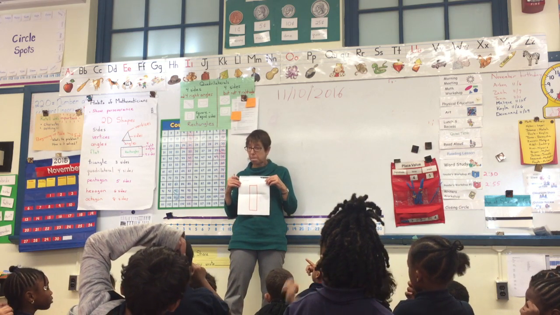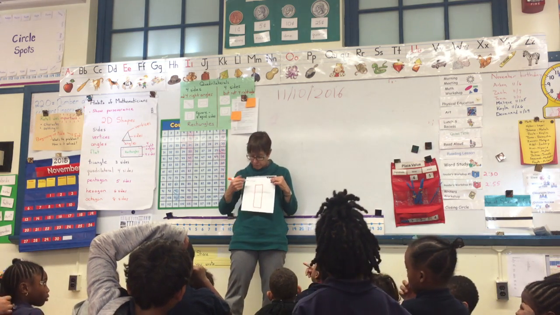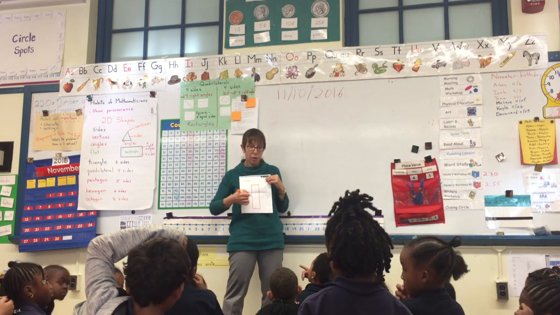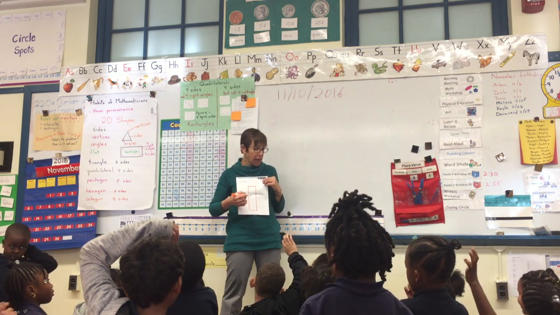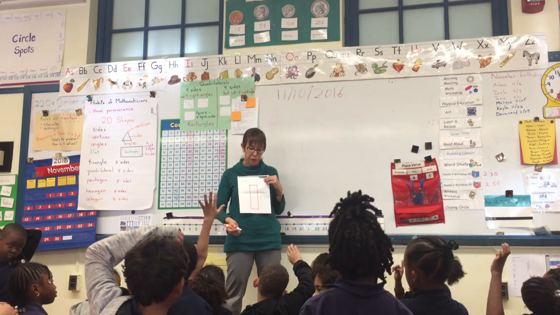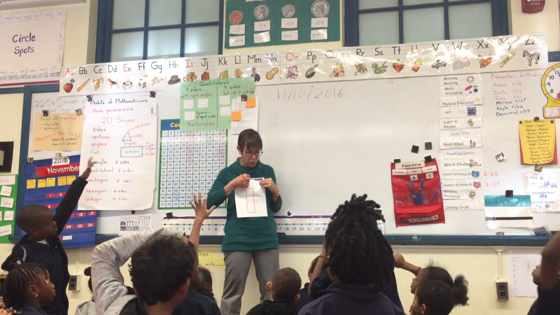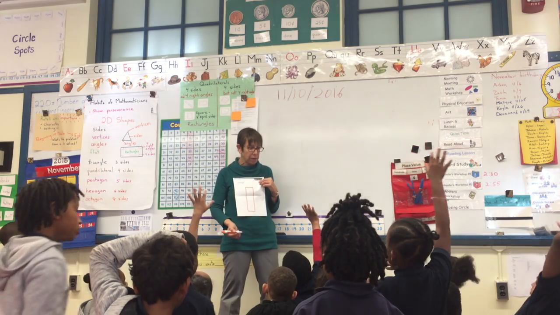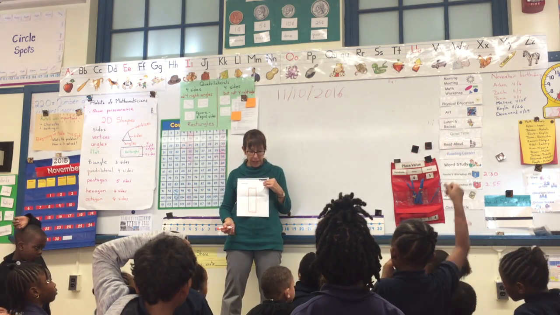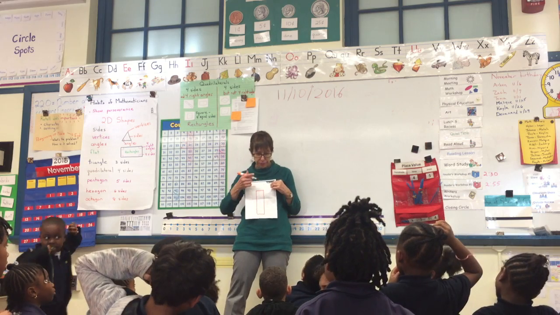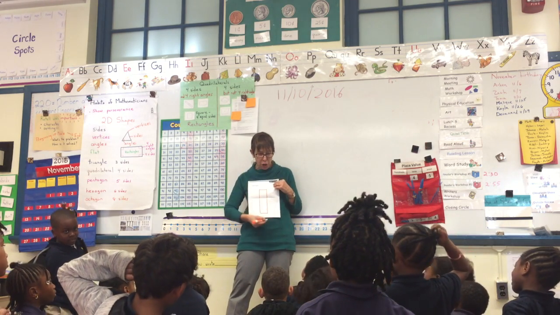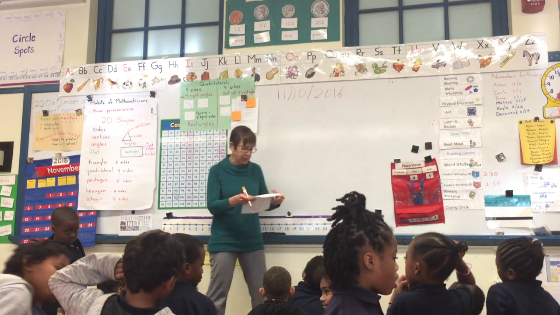Miles? Nope, it has 7 rows going across. How many columns? Fausto? Nope, the columns are what go up and down. Kayla? It has 2 columns. The columns are what go up and down.